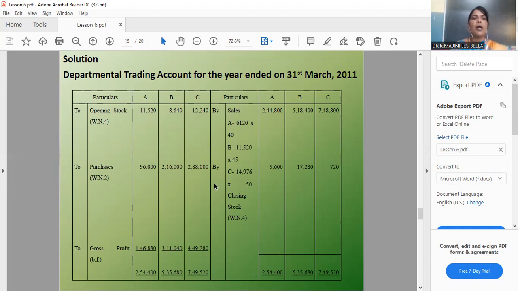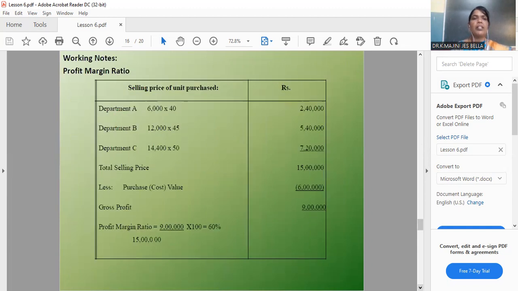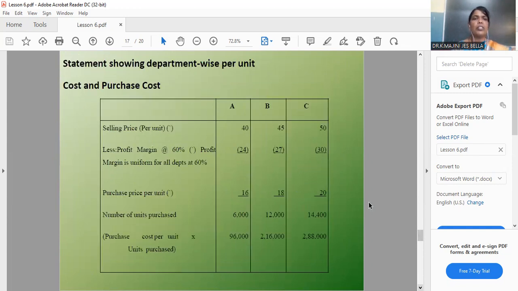Then we'll move to the purchase. For purchase, I have given the working here: the statement showing department-wise purchase cost per unit. Selling price per unit: Department A 40, Department B 45, Department C 50, less profit margin at the rate of 60%.